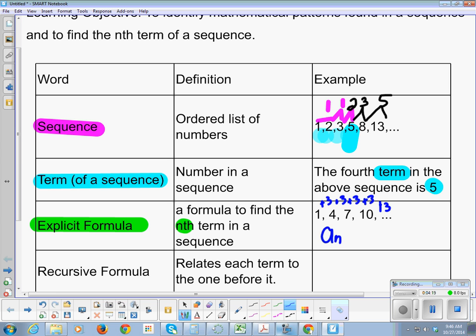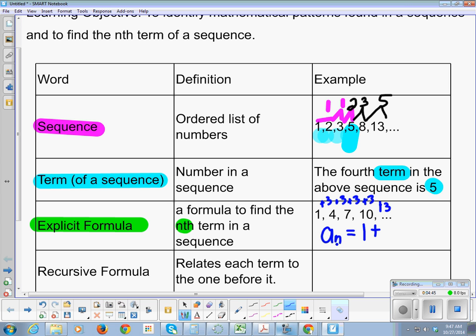So to find the nth term, and if you look, this is a subscript n. So A is the term. Subscript n means whatever term in my sequence, right now it's undetermined. It's kind of like the variable, it's like x. And here is the formula.